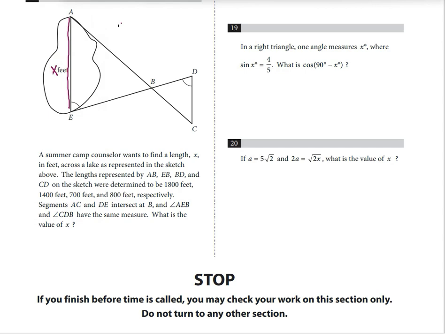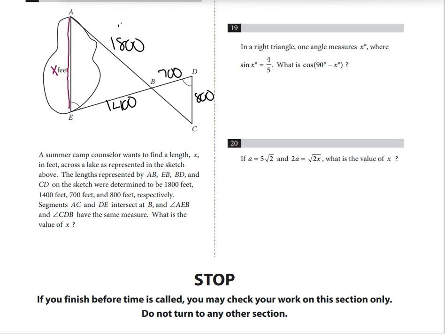So AB is 1,800 feet, EB is 1,400 feet, BD is 700 feet, and CD is 800 feet.